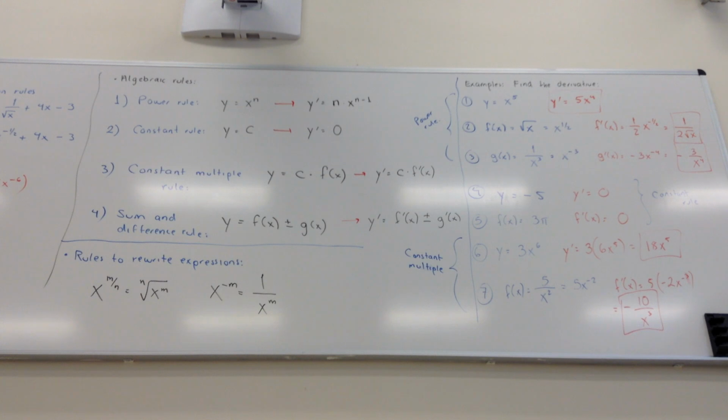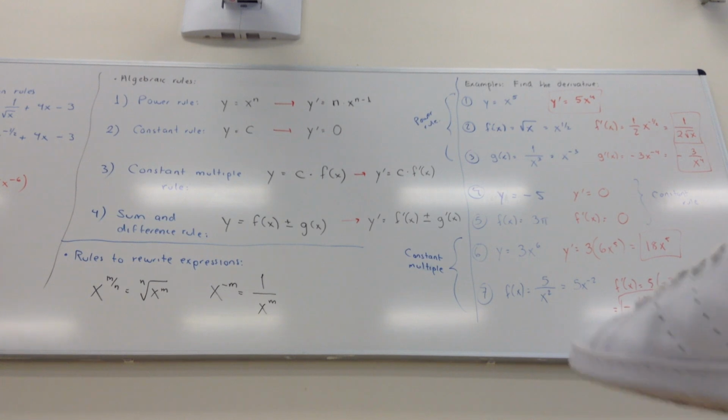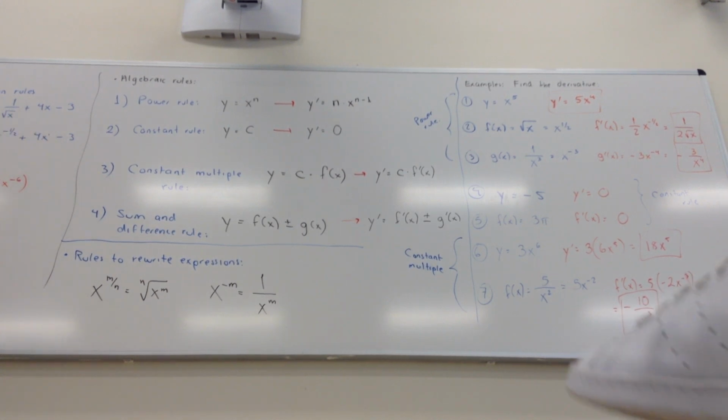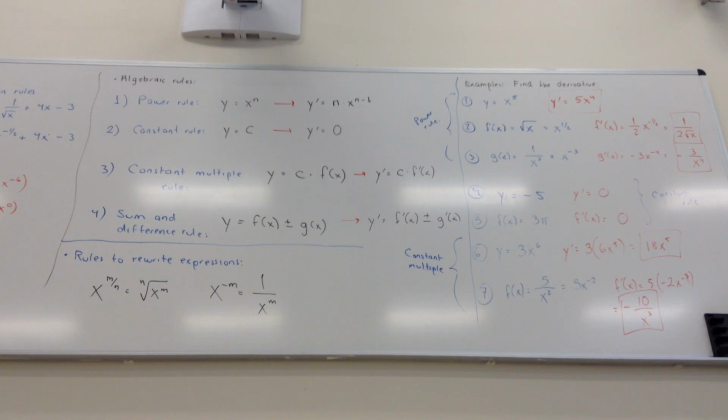Next one, minus 1/2 x to the what? Minus 3/2. Why? Because minus 1/2 minus 1 is minus 3/2. You cannot do it mentally, use a calculator. Plus 4, the power for x here is 1, so it's going to be 1x to the what? 0. You subtract 1. And the derivative for this? 0. Okay? I apply the rules. Last step is to simplify and write the necessary back.